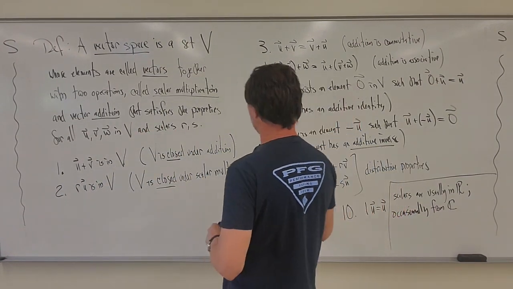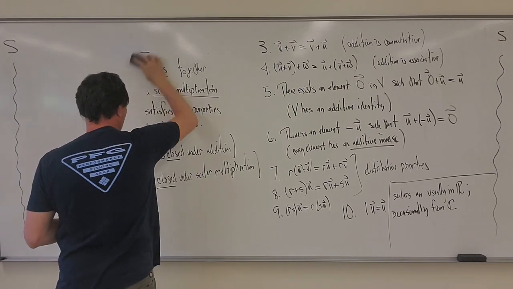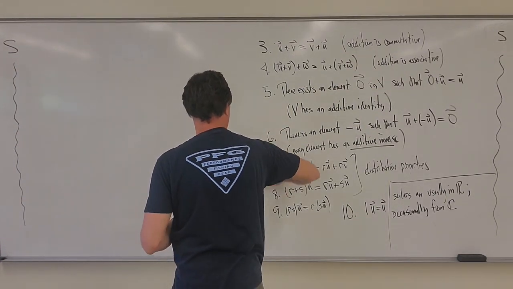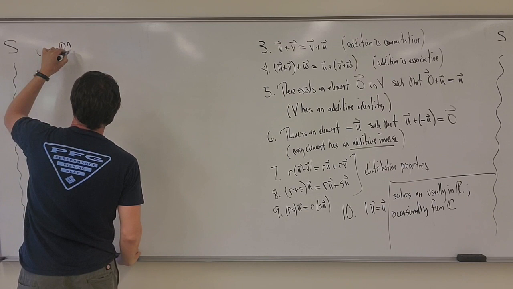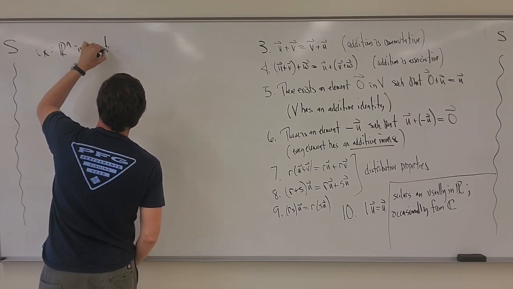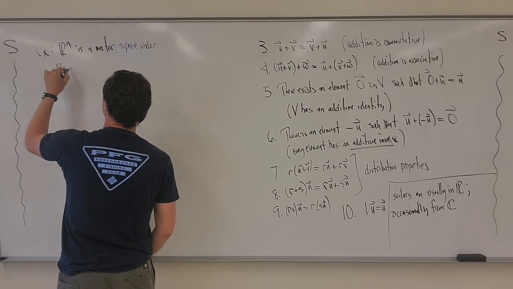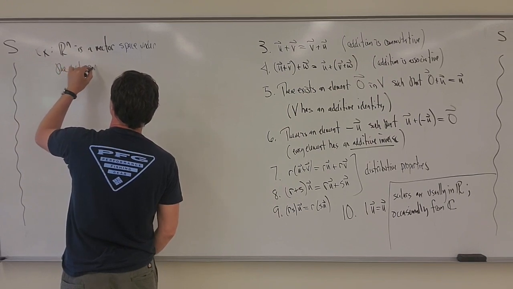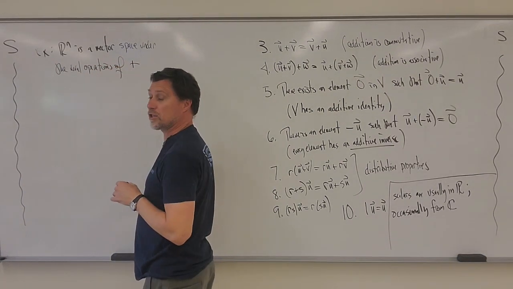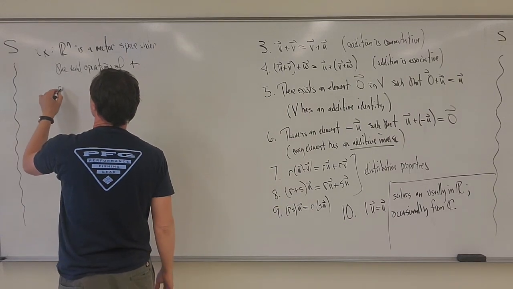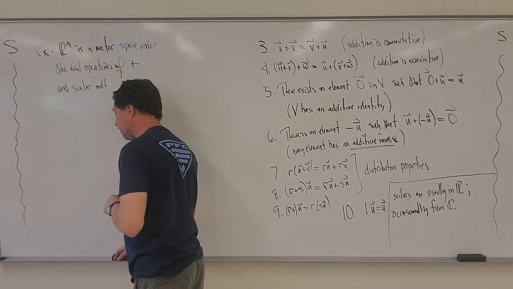Okay, so let's jump into some examples. And the first obvious example: Rn is a vector space under the usual operations of vector addition, where you add two column vectors, and scalar multiplication.